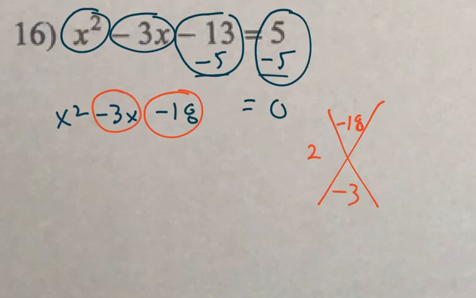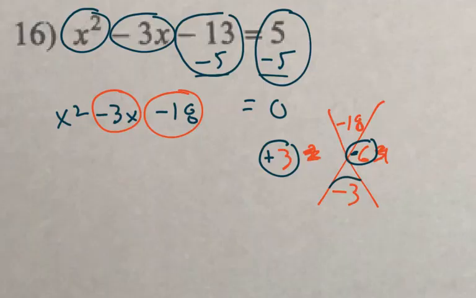And if I try 2 times 9, 18, of course I can't get 3. So I'm going to do 3 times 6, 18. Now to get negative 3, I hope you agree, I'm going to do a plus 3 and a minus 6. Again, a 3 minus a 6 is negative 3. And of course, 3 times negative 6 is negative 18. And so we have the right factors.